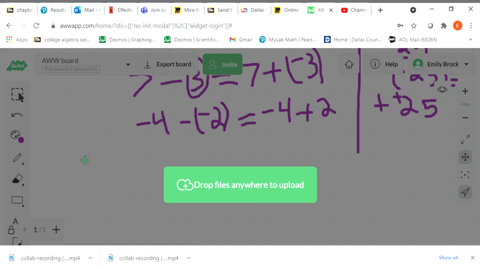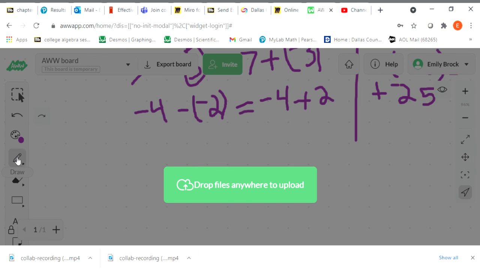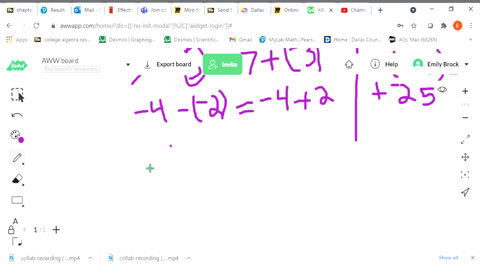Got it. Okay. How do I get that to stop? And let's do one more example if I can here with that thing there. I'll go back to the pencil. Maybe that'll make it go away. Pencil. Nope, it won't go away. Oh, there it goes. Okay. All right.